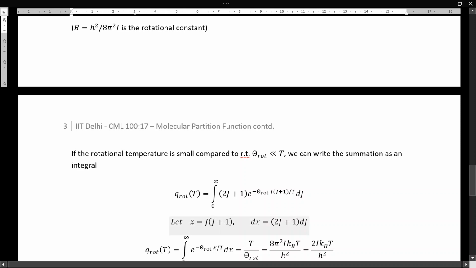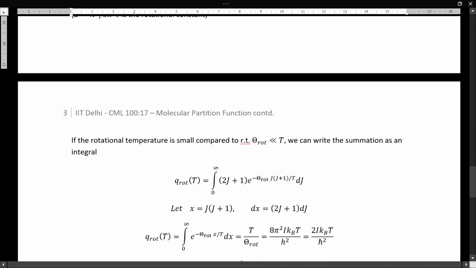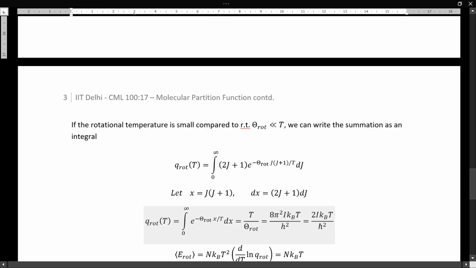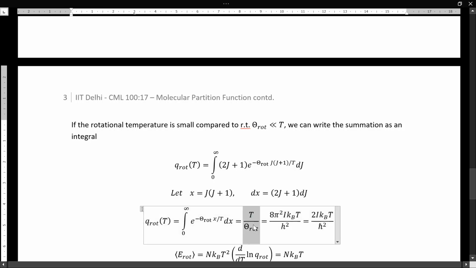With small substitutions, I get my integral to be T divided by theta rotational, which is nothing but 8 pi square I k_B T by h square, which is equal to 2I k_B T by h cross square.